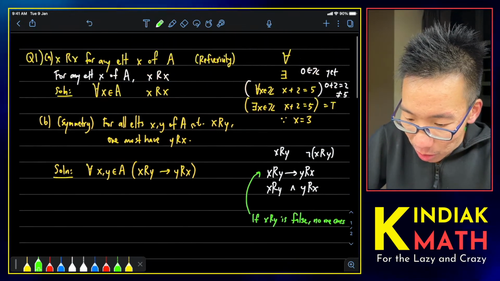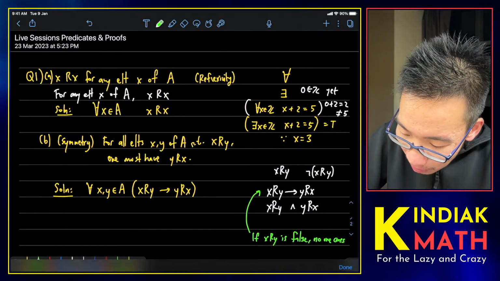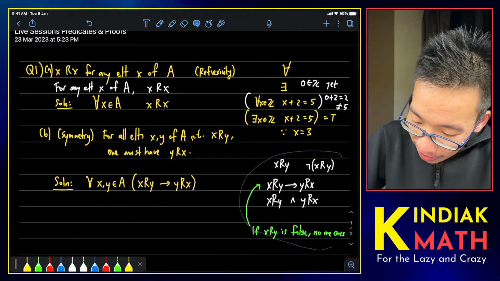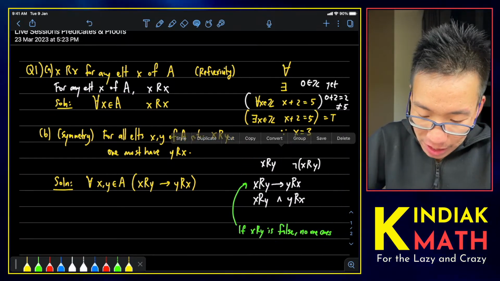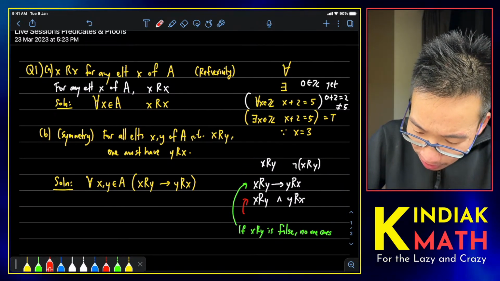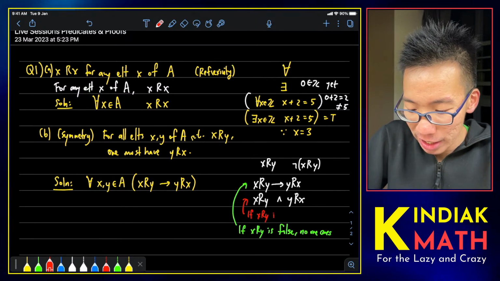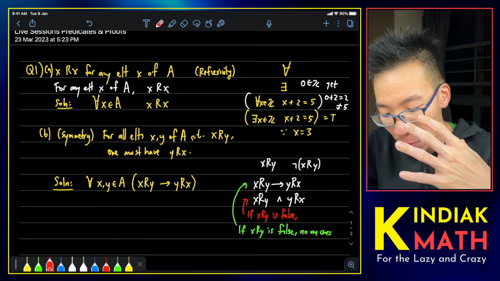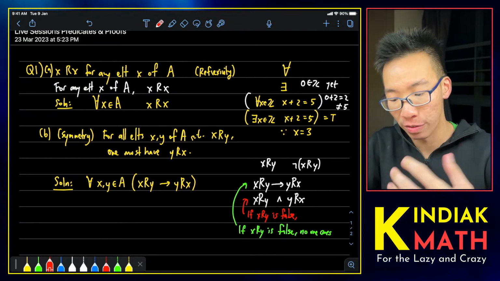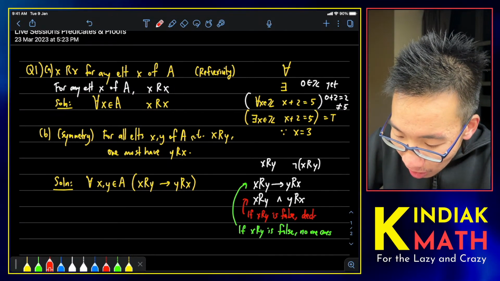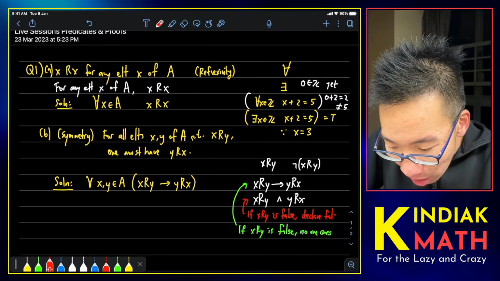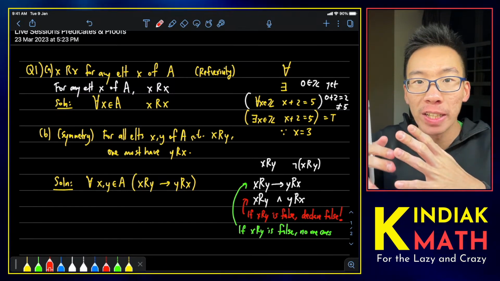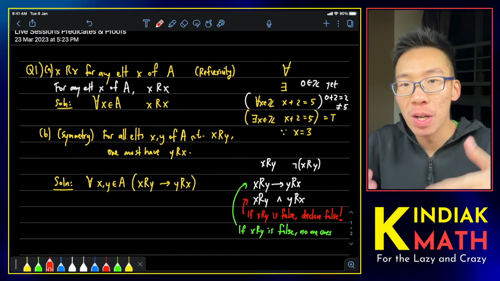But if, on the other hand, for the other situation, xRy is false, we will declare this expression to be false. And that's the big difference between the implication and the conjunction.